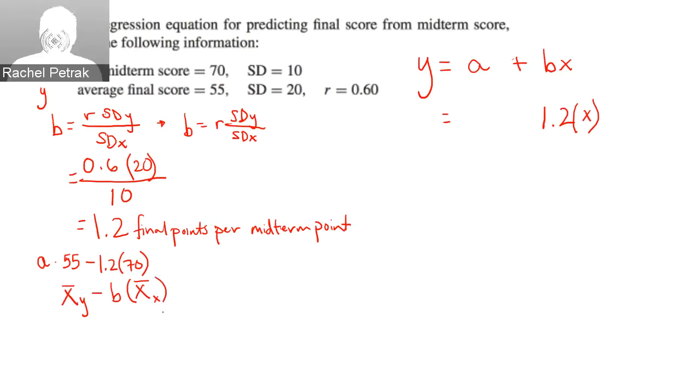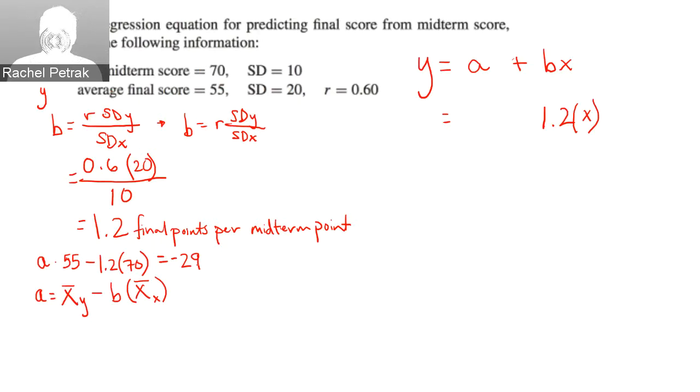So if you find that helpful, there's a general equation you can use in this case. And if we work this out, we find that the intercept is negative 29.